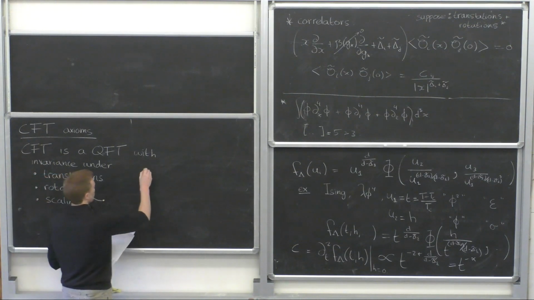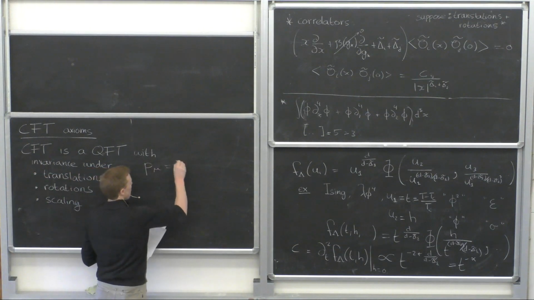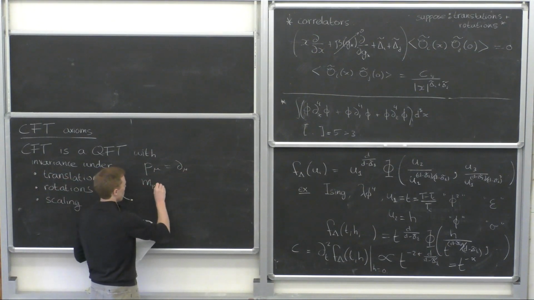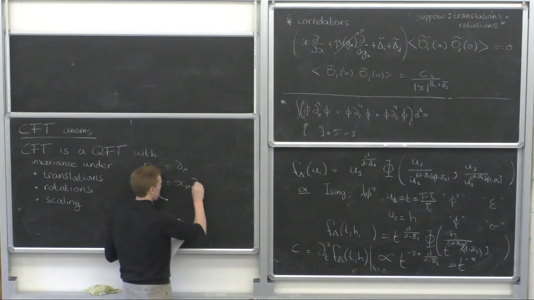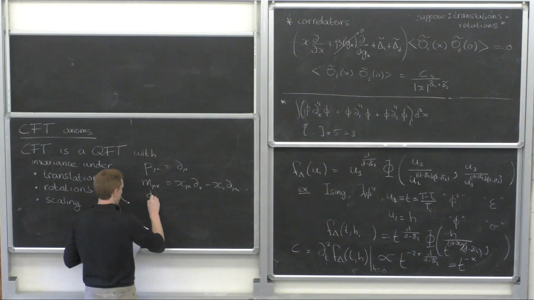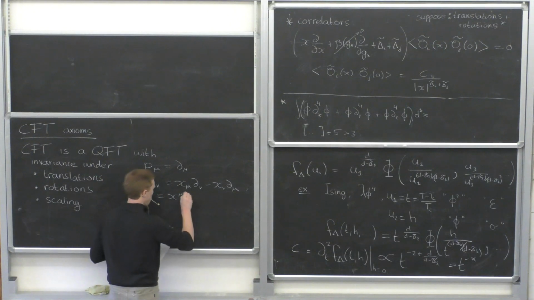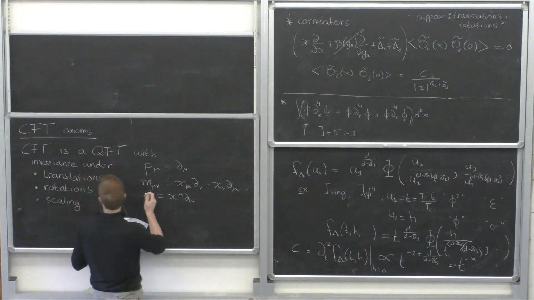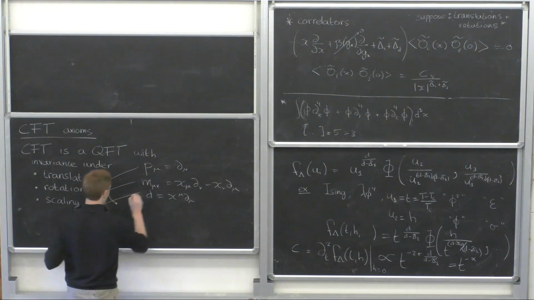So these are, of course, all implemented by vector fields. Dilatation, there's only one, x mu d mu. And, sorry, rotations, what am I? Oh, I'm off by one, sorry.